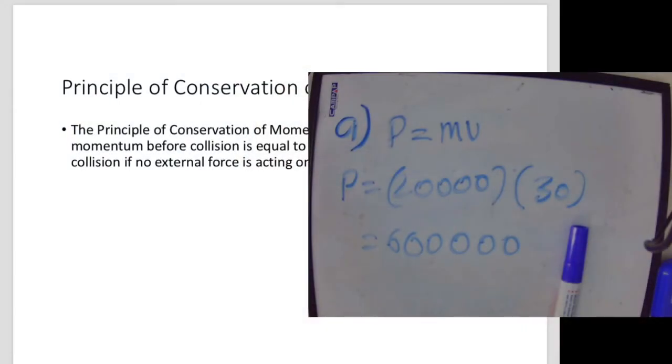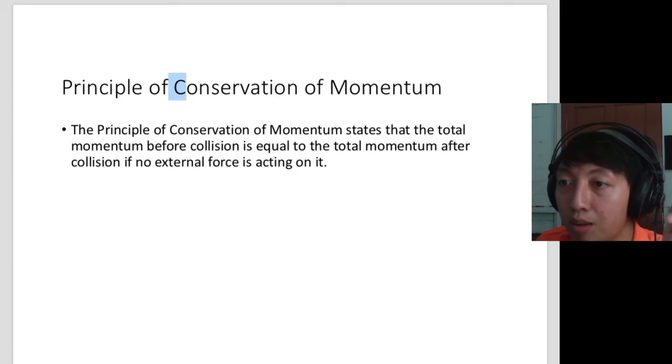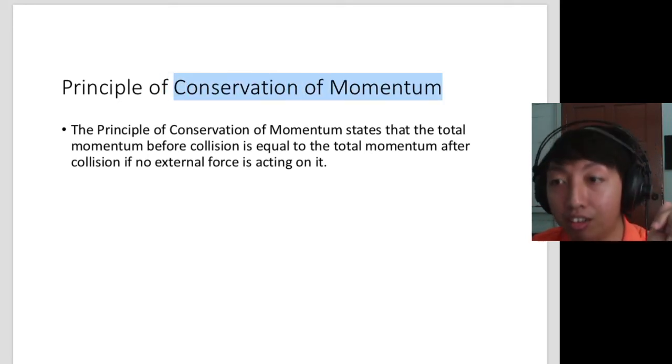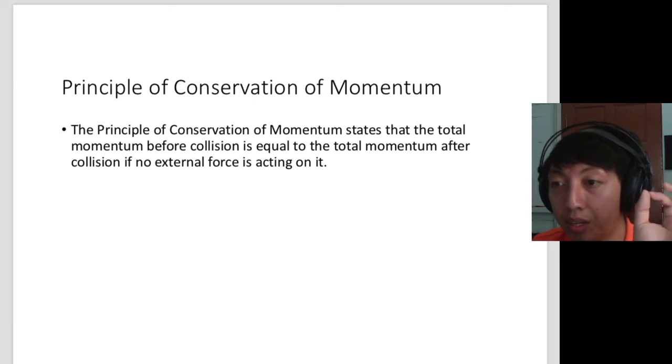If we add the momentum from here and from here, the total should still be the same. Why? Because we are conserving, we are keeping the same amount of momentum before and after the collision. Okay?